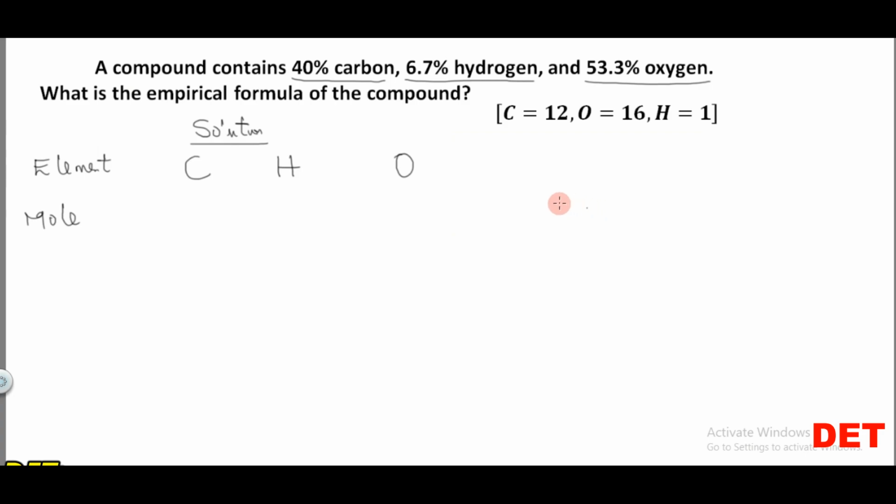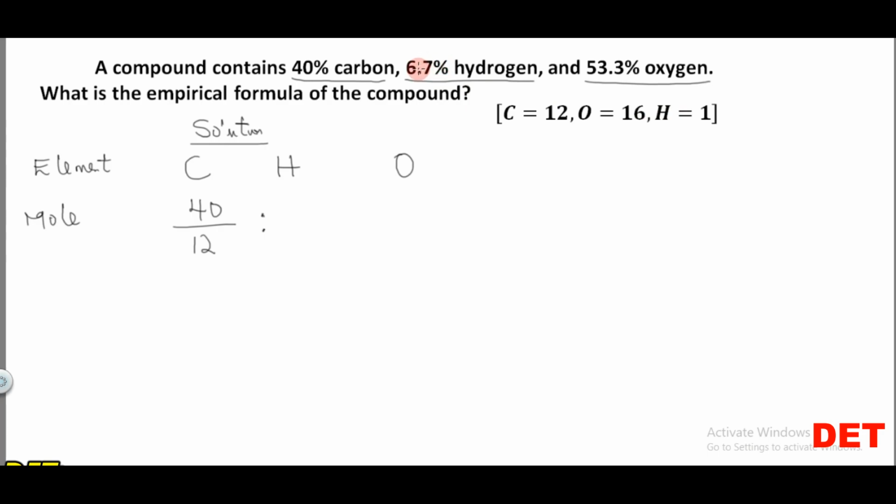The reacting mass is the percentage of the elements in this compound, and the molar mass is their relative atomic masses. So the mole for carbon is 40, the reacting mass, over the relative atomic mass of carbon, which is 12.